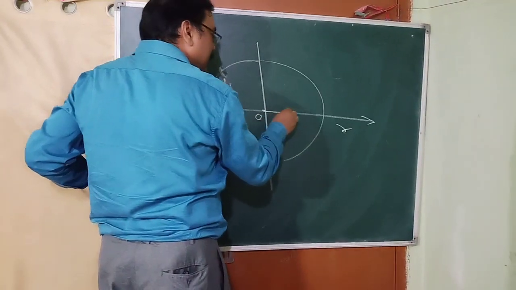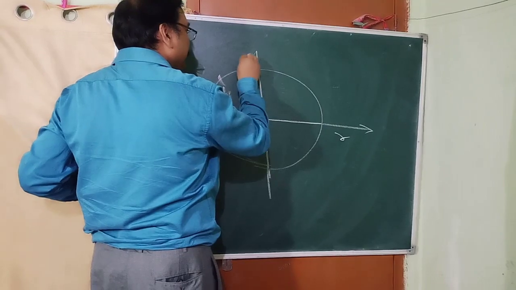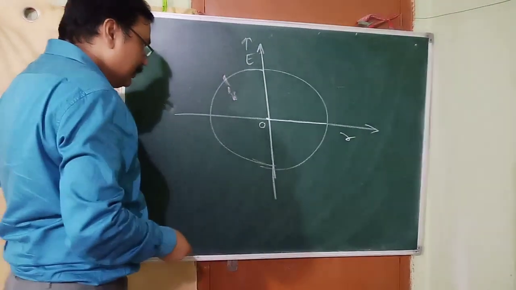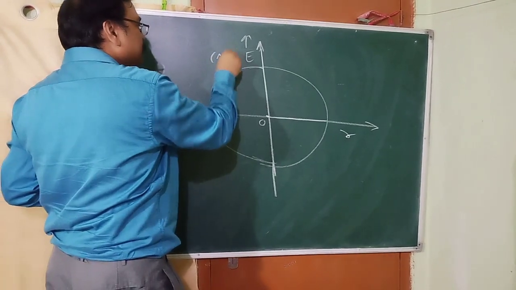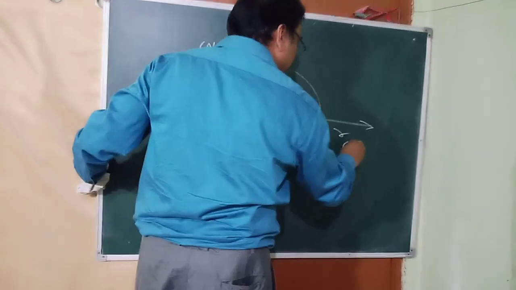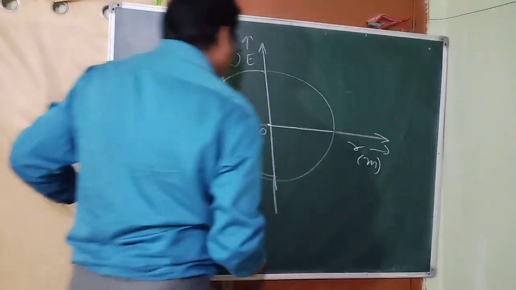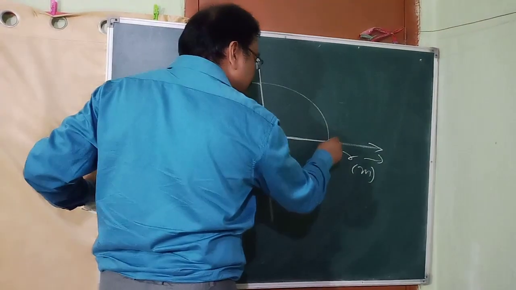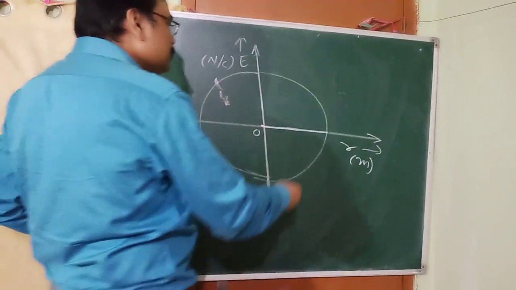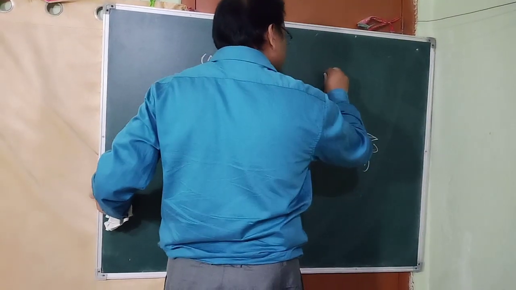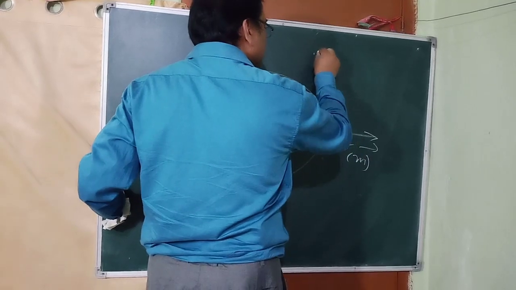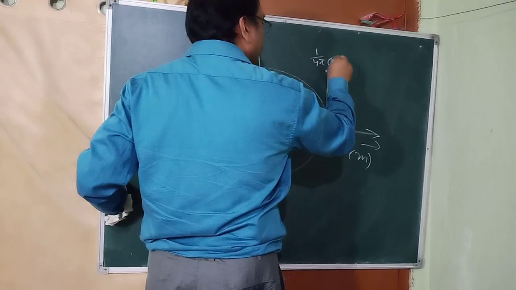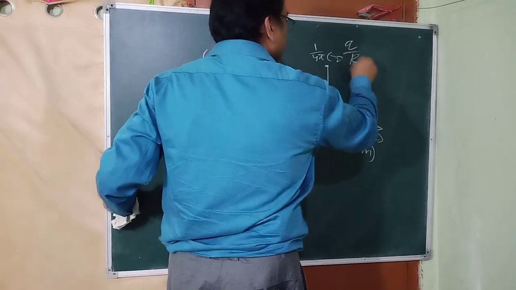Inside the sphere, the electric field is 0. This is the electric field intensity along this axis, in Newton per coulomb, and this is in meter. From the center till the surface, electric field is 0. Once you come to the surface, electric field is maximum, that is 1 by 4 pi epsilon naught q upon r square.